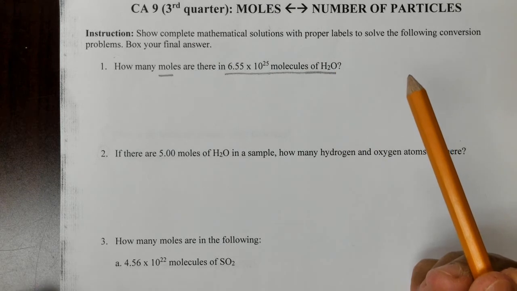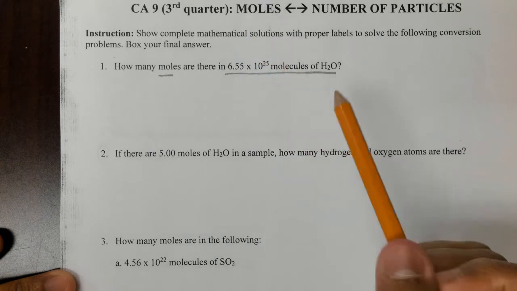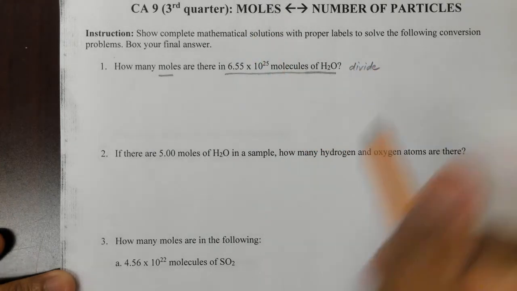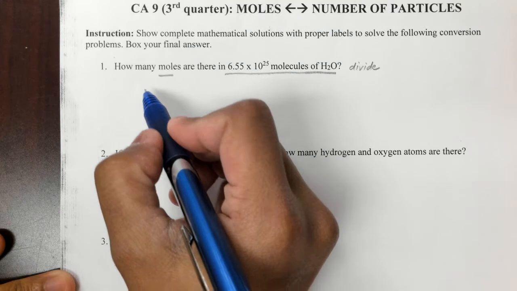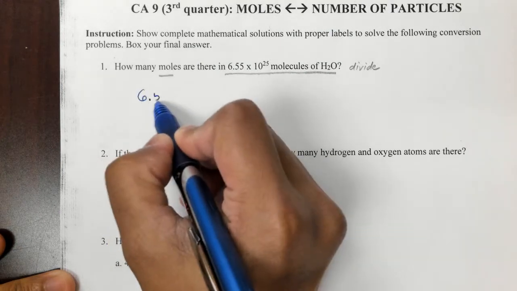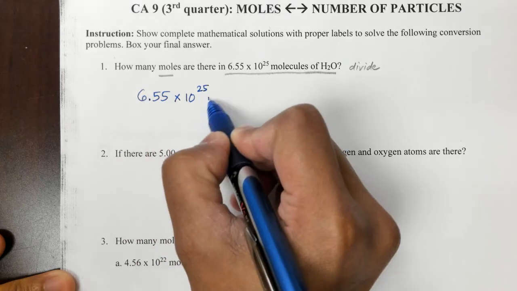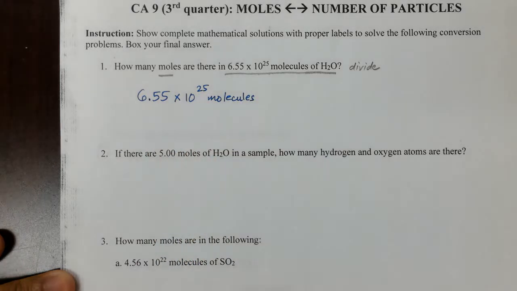And then you look at your notes as to how to do that. So if we are having a number of particles to moles conversion, that means you have to bear in mind the technique: divide, if it's particles to mole. So we're going to divide. So how will that look? It's going to be your 6.55 given, written first. So 6.55 times 10 to the 25 molecules.